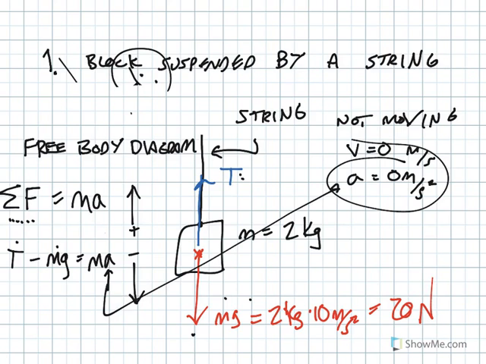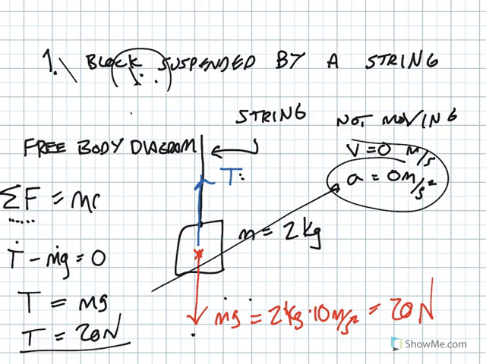And even if it was moving with constant velocity, the acceleration would still be 0. So if a is 0, then this whole side over here is also 0. Which brings us to the amazing conclusion that T is mg. And we had already solved for that mg. It was 20 newtons. So there you go. The tension in that string is 20 newtons.